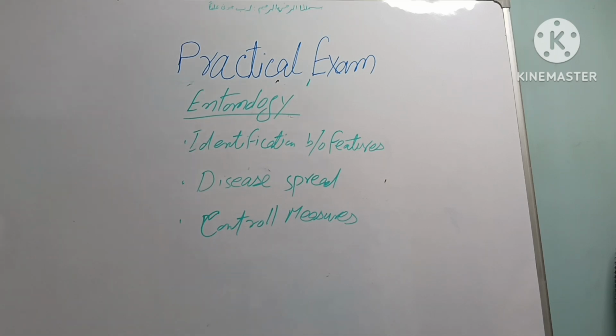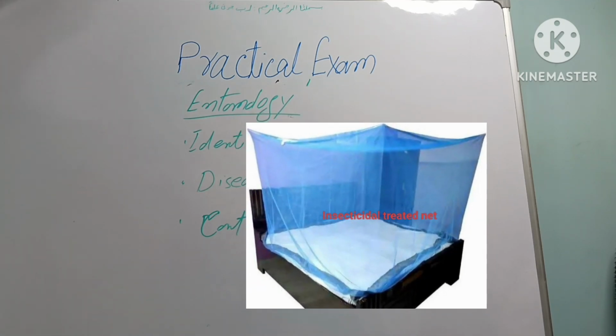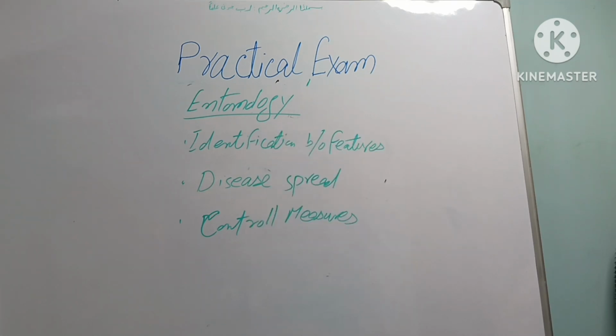For example, in the case of the tsetse fly, we use DDT. In the same way, for mosquitoes, you read about it in the NVBDCP program. Various measures are taken, integrated vector management. So different insects have different control measure strategies, and it is based on their characteristic features and life cycle. Okay.